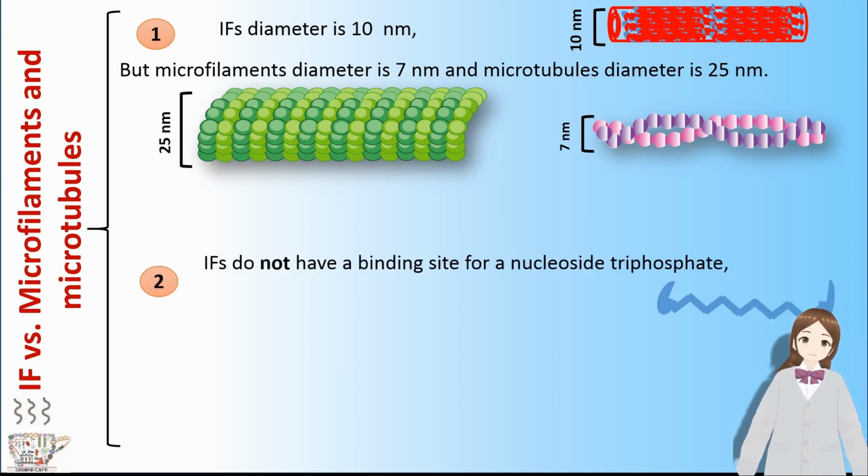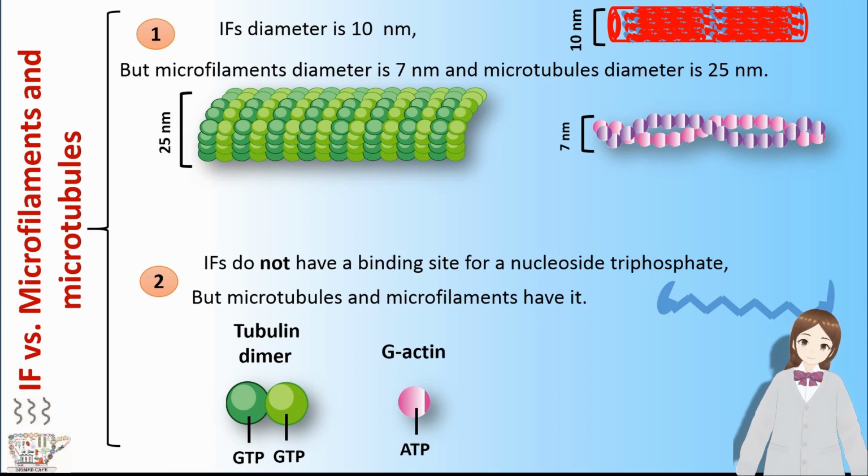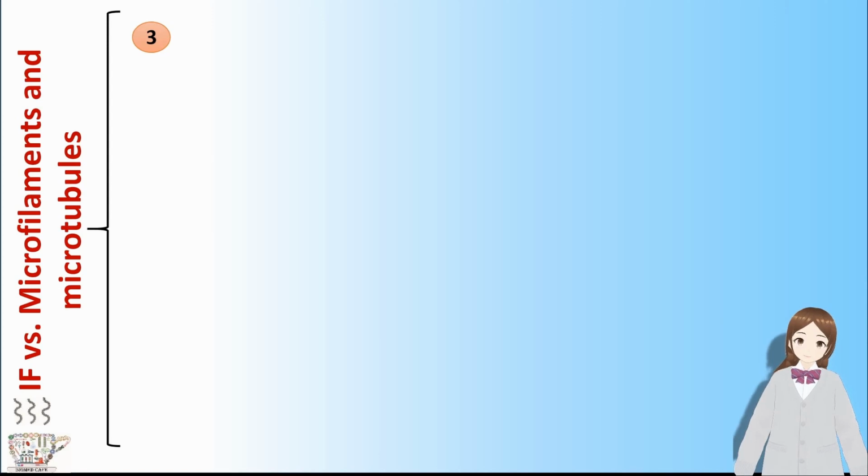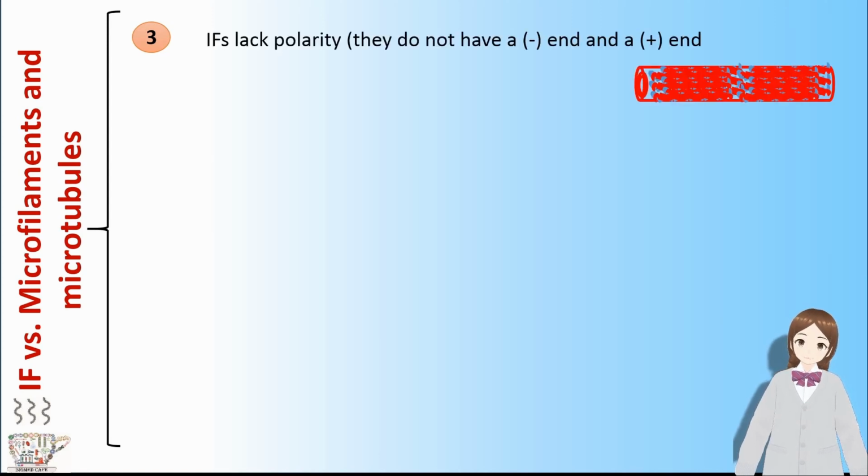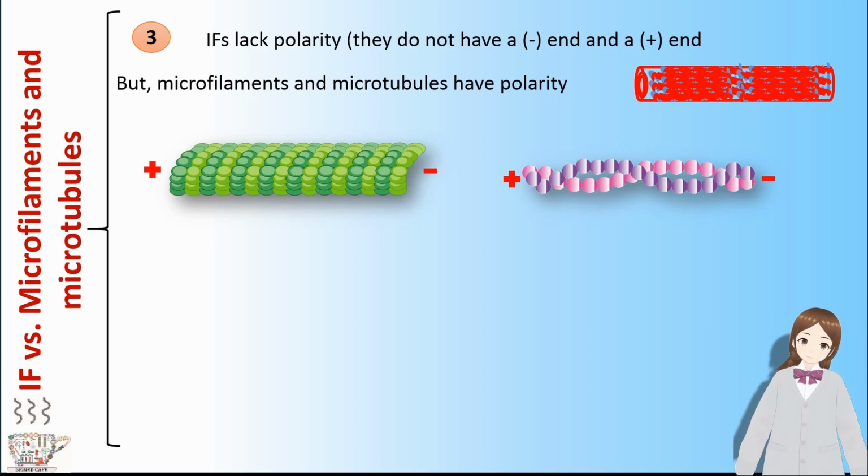Intermediate filaments do not have a binding site for nucleoside triphosphate, but microtubules and microfilaments have it. 3. Intermediate filaments lack polarity. It means they do not have a minus end and a plus end, but microfilaments and microtubules have polarity.